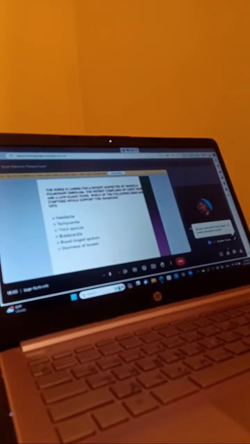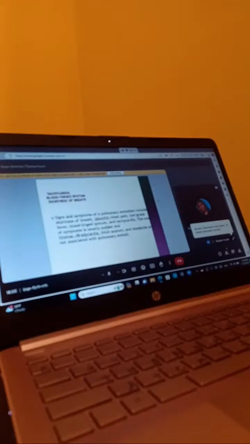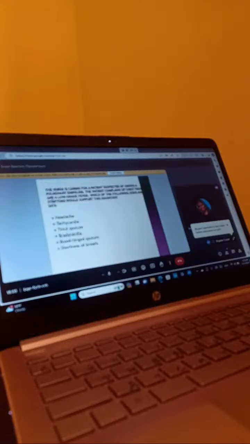Perfect. So shortness of breath. Will the patient have headache? No. Tachycardia will be there, blood tinged sputum and shortness of breath. No headache, no thick sputum.